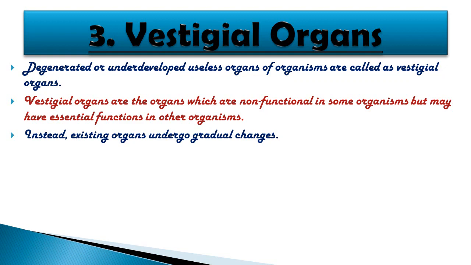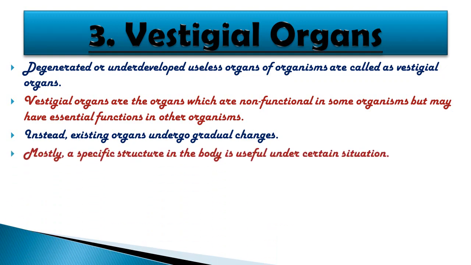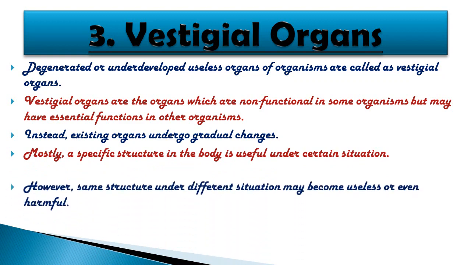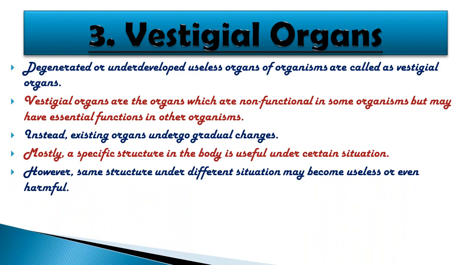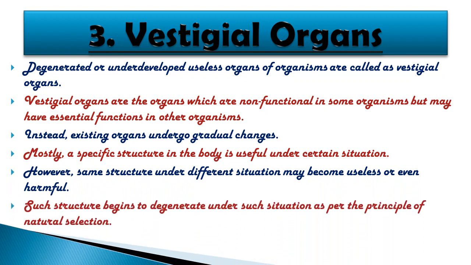Mostly, a specific structure in the body is useful under certain situations, but the same structure under different situations may become useless or even harmful, and such a structure begins to degenerate. It means a structure which is not useful or is harmful to an organism starts to degenerate, as per the principle of natural selection.